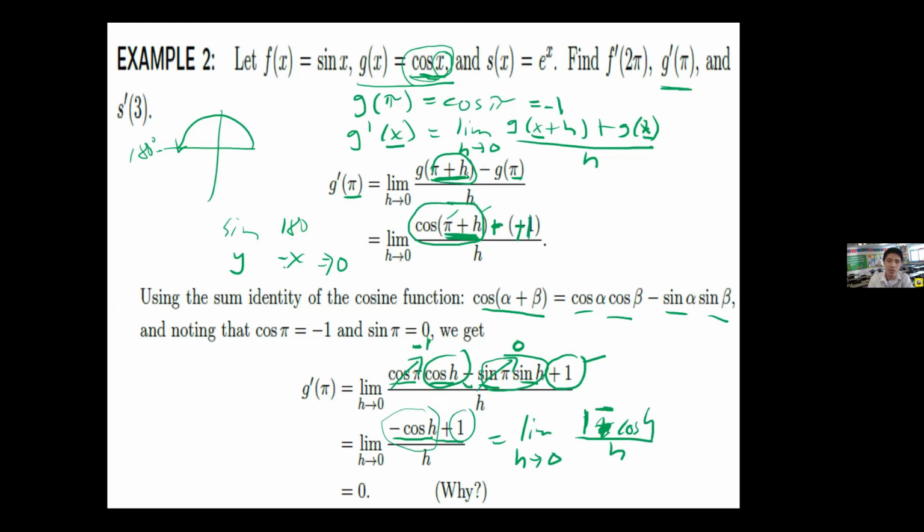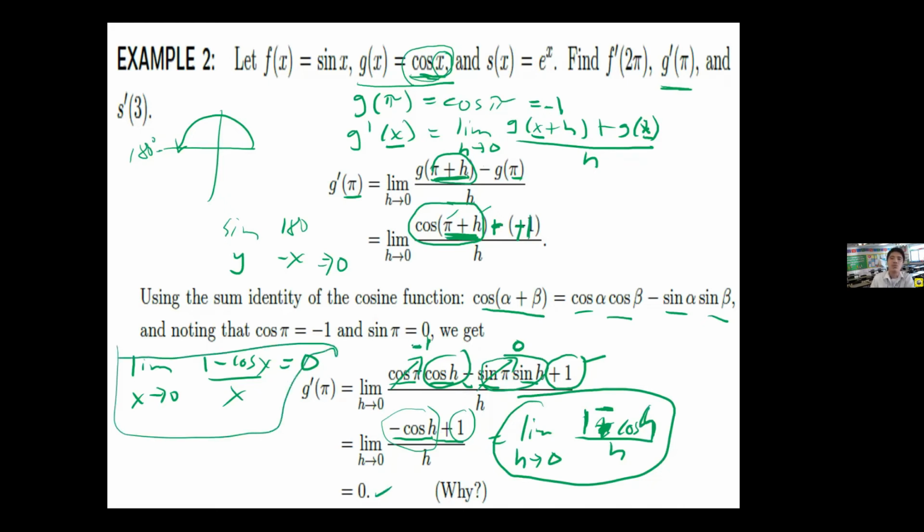And recall that limit of 1 minus cosine x over x as your x approaches to 0 is equivalent to 0. Kaya, kani, h lang ang iyang variable, 0 po na siya. Using katong special limit na to. So, that's one.